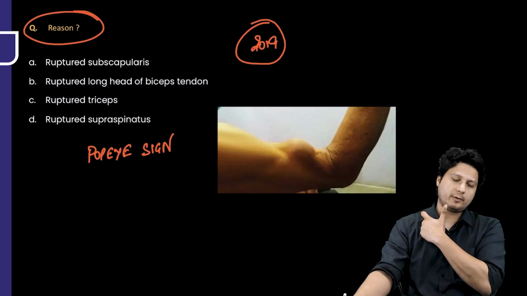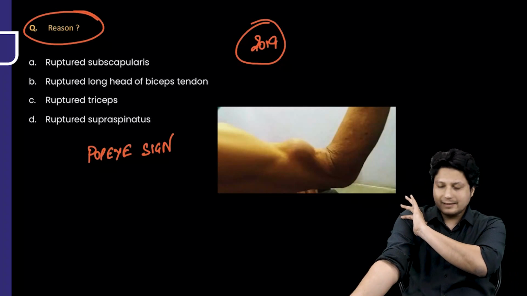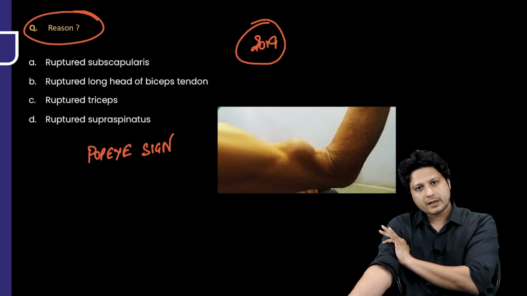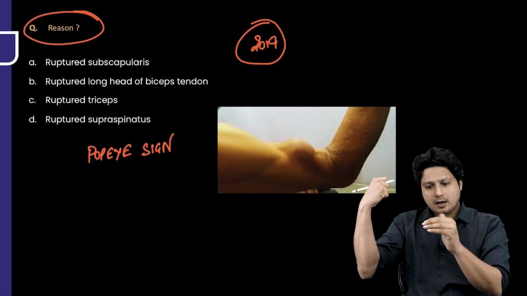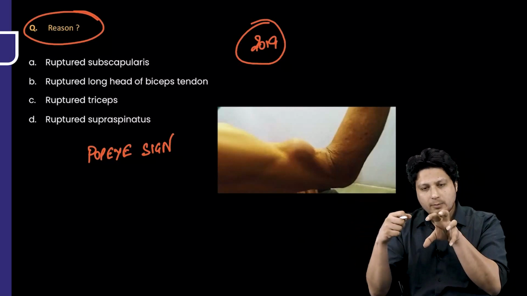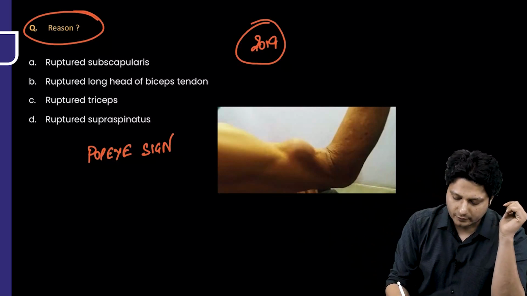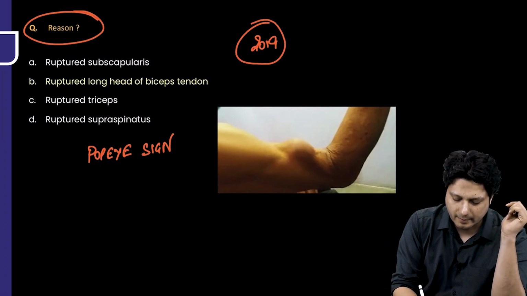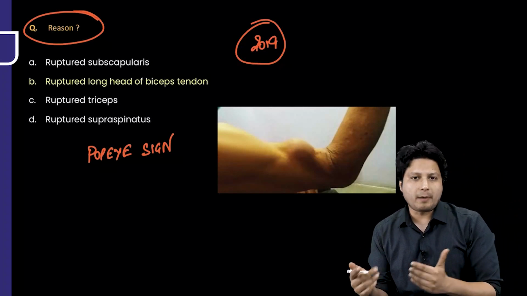You know, from the coracoid process, there is a rupture of the long head of the biceps. As a result, the biceps gets accumulated in the arm. So when you flex the arm, there will be a prominence of this abnormally lying biceps bulk. Alright. So it is because of the rupture of the long head of the biceps tendon. The name of the sign is popeye sign.